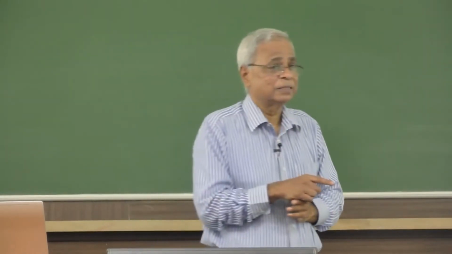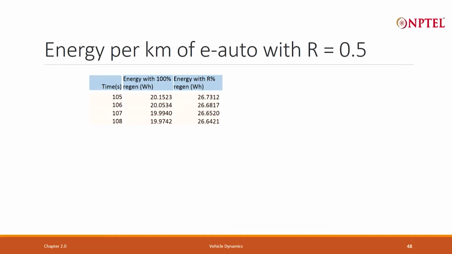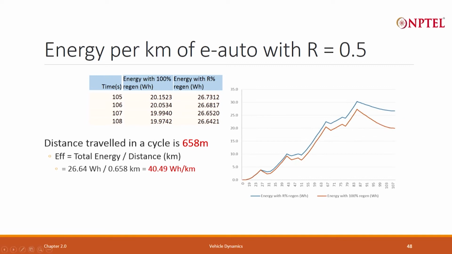That will give me the energy consumed. And remember that when I am decelerating or climbing down, in this case there was no climbing down, then I get negative energy consumed. Now, here I have to put in the factor, what is the regeneration efficiency. As I do that, I actually get this, and this is the energy required if you take 100% energy efficiency, you get this, and this is the energy required if you take into account the regeneration efficiency of 0.5.